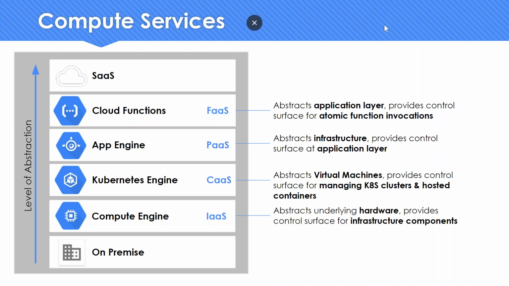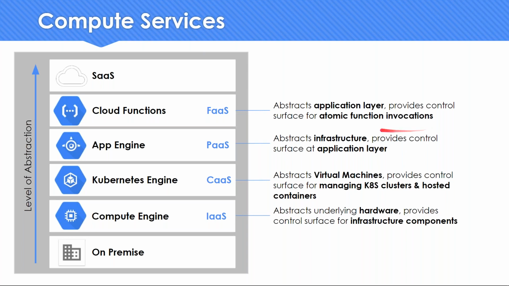Here the underlying infrastructure, or to be very specific the underlying hardware, is abstracted from us. We don't need to worry whether it's running on Intel Skylake or AMD. If you want, you can get the details, but you don't need to worry much about it. What's the underlying networking switch? All those details you don't need to worry about.